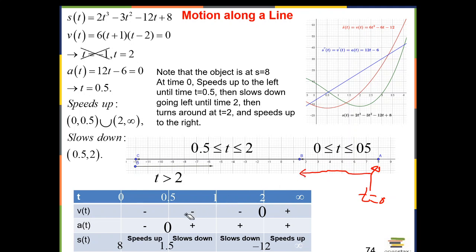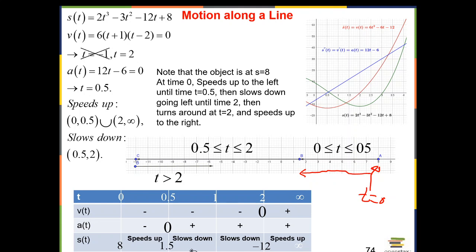Until it reaches 1.5, right? So at t equal to 0 it is at 8, and at t equal to 0.5, it's going to reach 1.5, right?